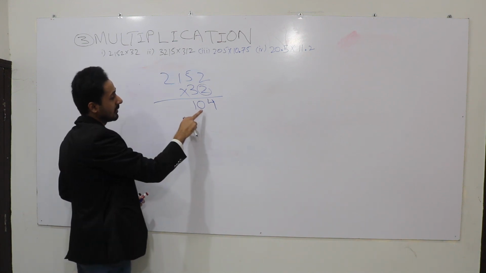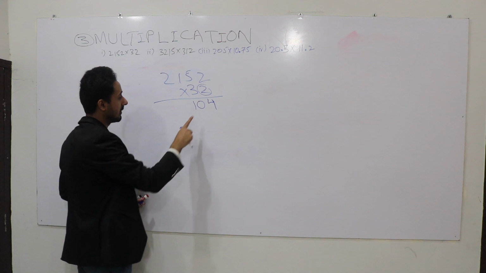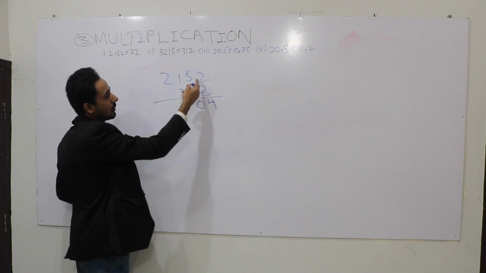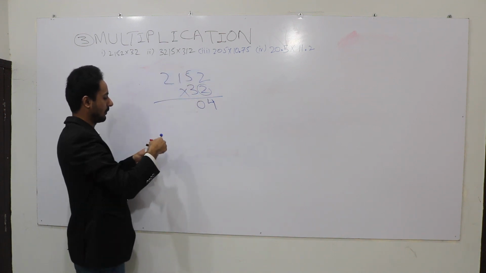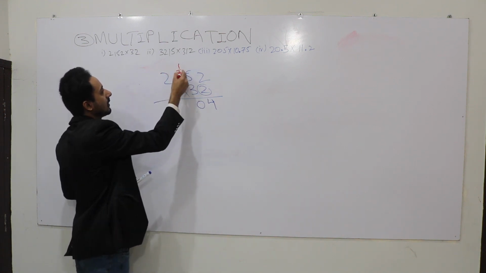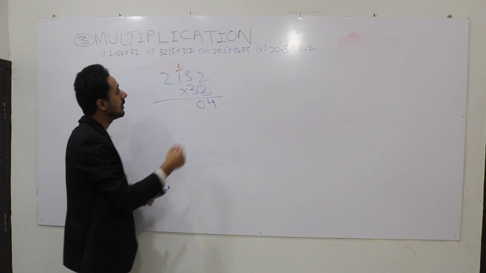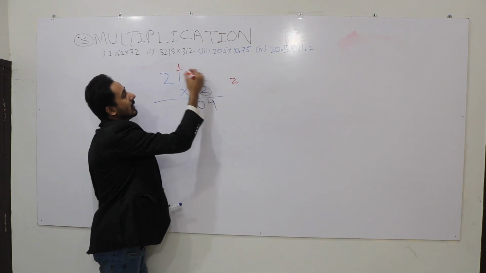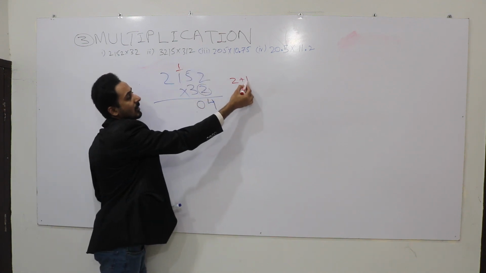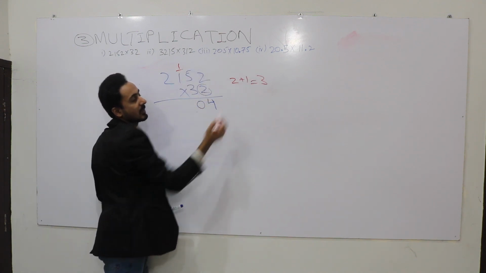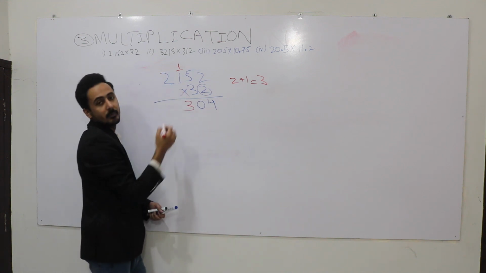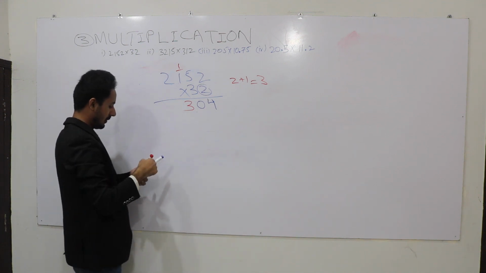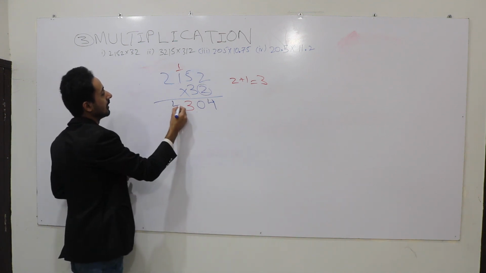We will write only one digit of 10, which is 0, and the second digit will be carried over to the next number. So this 1 will be carried over. Now 2 1s are 2, and then this carried over 1 will be added, and the final answer will be 3. So 3 will be written here. Then 2 2s are 4, so this 4 will be written here.